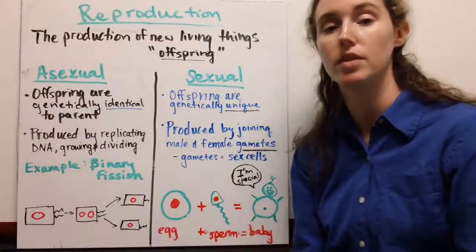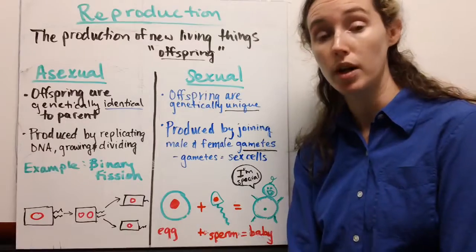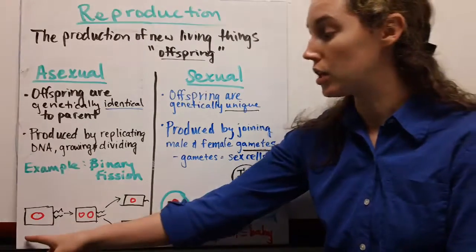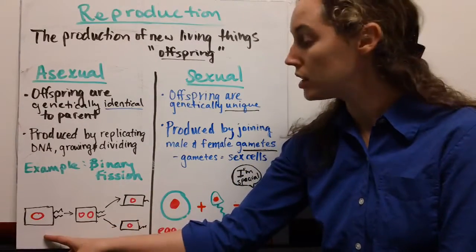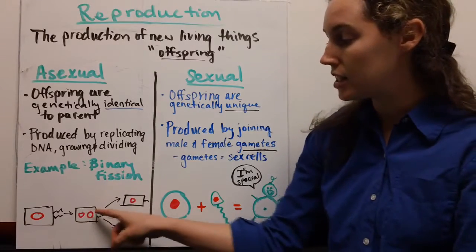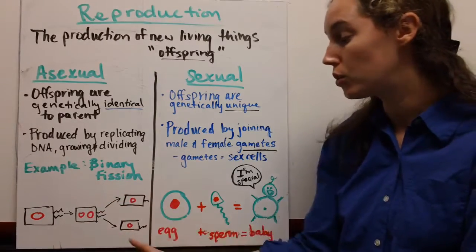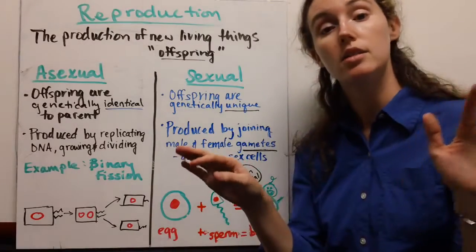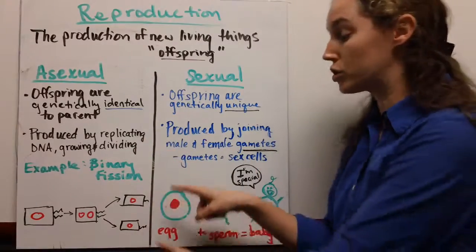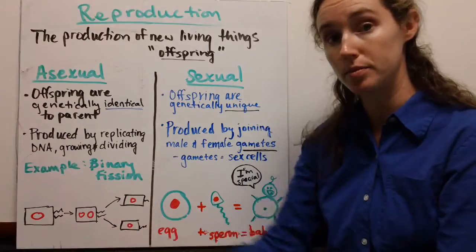So a good example of this is binary fission in prokaryotes. Again, here is our initial little bacteria. It replicated its DNA and then went through cell division and divided into 2 completely separate organisms, but they were genetically identical to the parent.